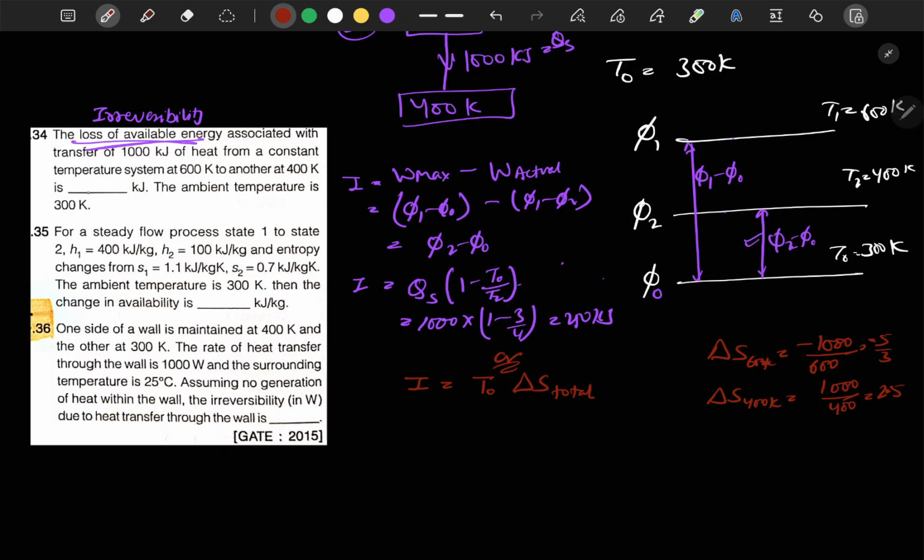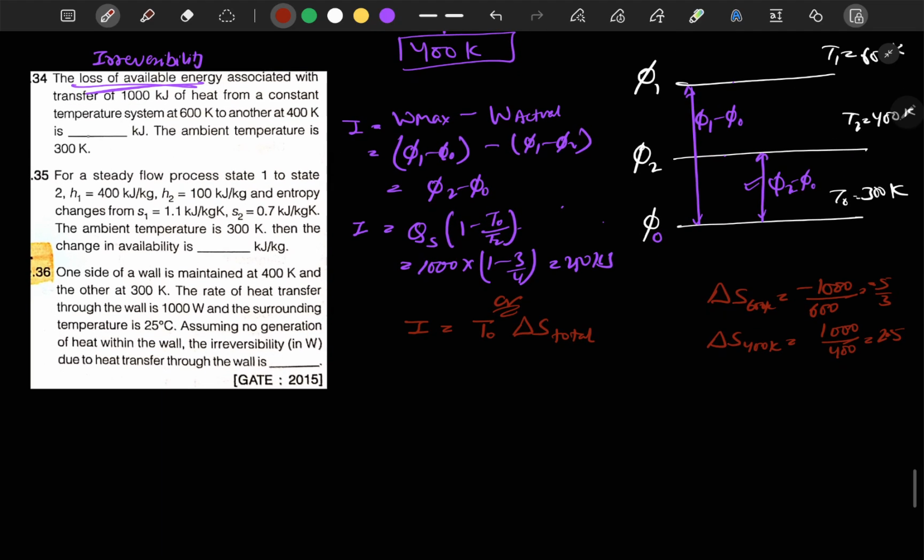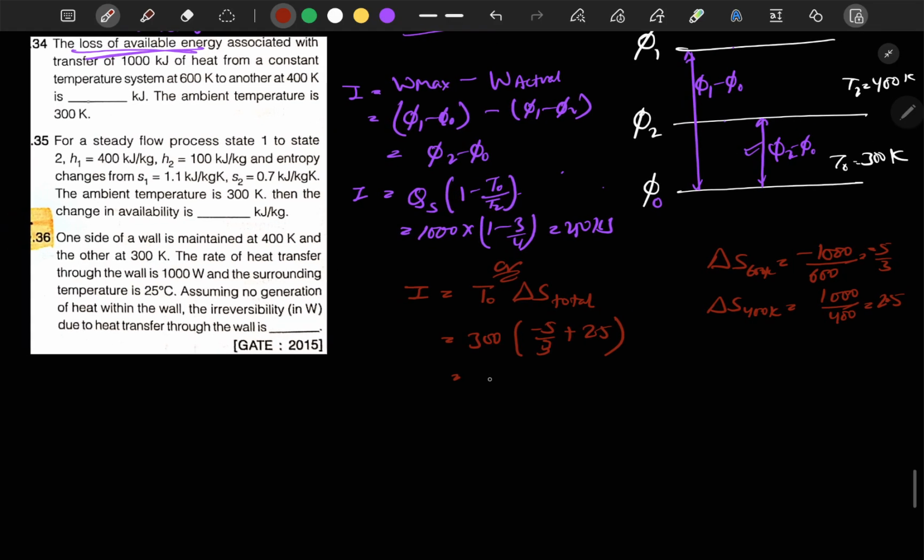Now to calculate the whole thing, T naught is 300 into delta S, which is minus 5 by 3 plus 2.5. If we solve this, we get 250 kilojoule. So this is our irreversibility.